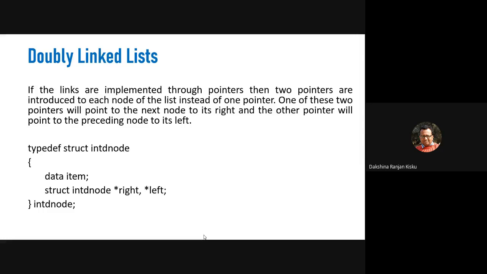We can explain this phenomenon with other operations also, but since we are talking about insertion and deletion operations, the advantage of doubly linked list has been discussed in terms of the insertion and deletion operation over singly linked list. So here we are using two pointers.